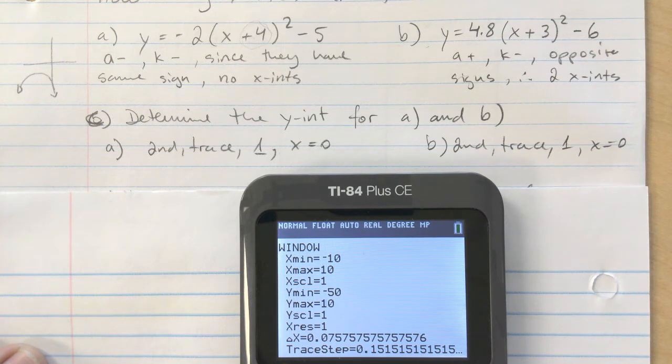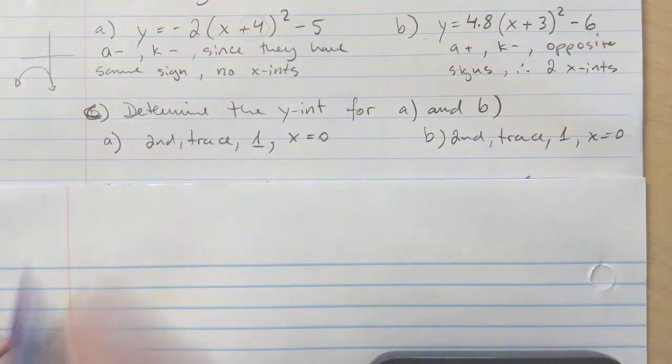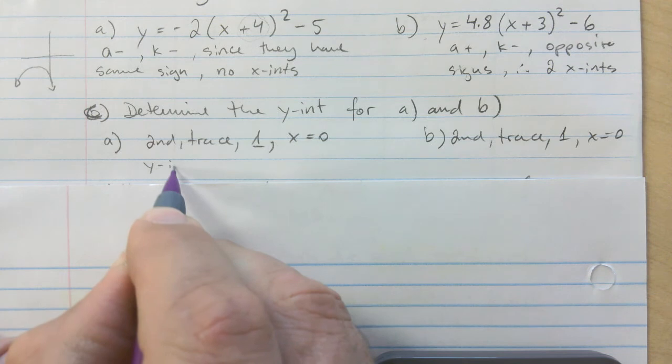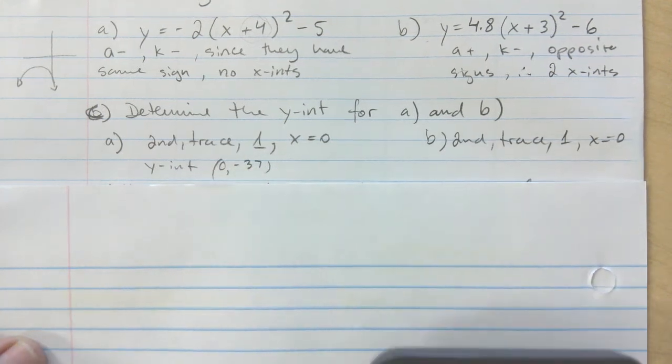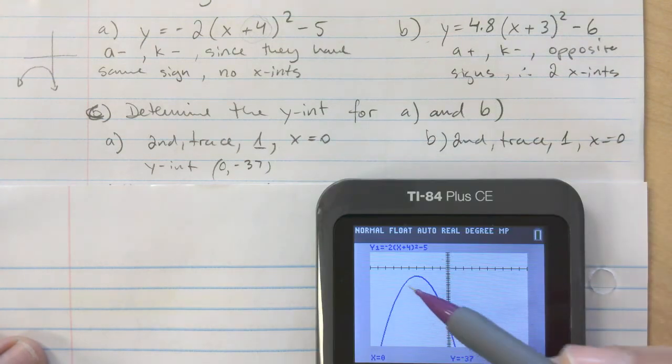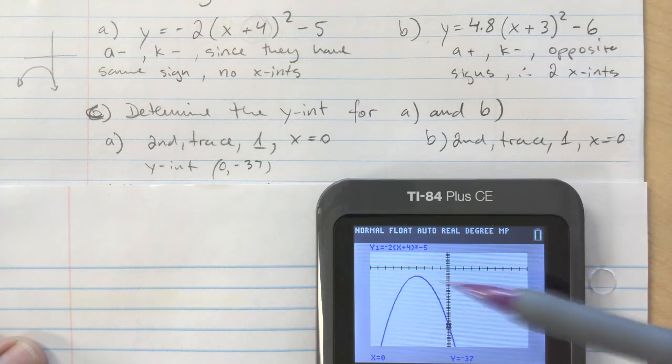Negative 50 perhaps. There it is. Now it's crossing. Now I can go second, trace, value, x is equal to 0, and my y-intercept is negative 37. So y-intercept is 0, negative 37. And you can see also that there is no x-intercept, which we already predicted up here, but now it's confirmed.